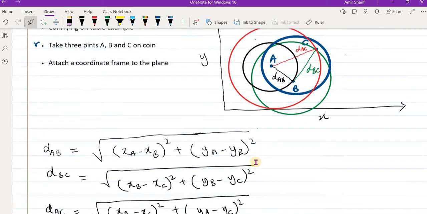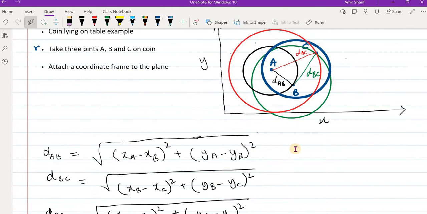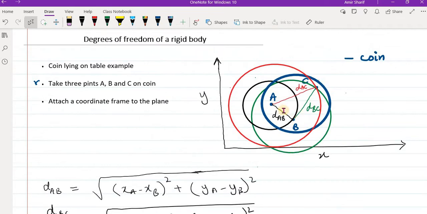So we can calculate this distance, and now we have to derive a formula for degrees of freedom. So what we have realized using this basic example, this blue color is a coin, and we have taken 3 points A, B, C on the coin.